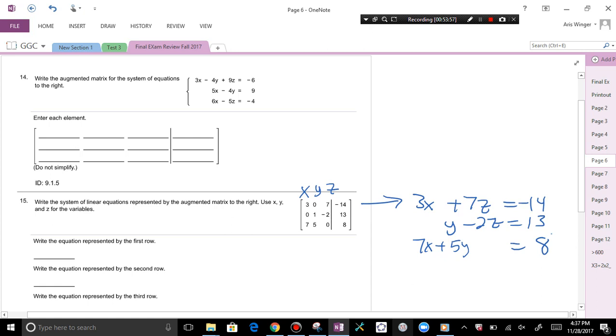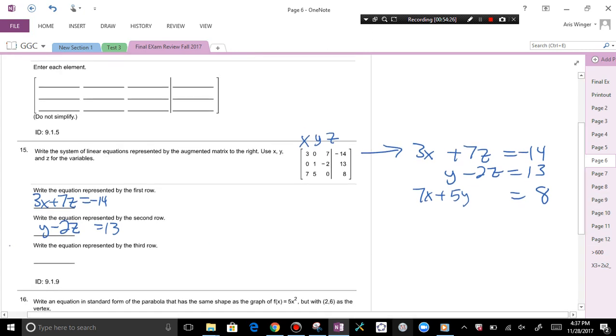So the columns represent the coefficients of x, y, and z respectively. So 3x plus 7z equals -14. Y minus 2z equals 13, and then 7x plus 5y equals 8. Yeah, that's right. 7x plus 5y equals 8.